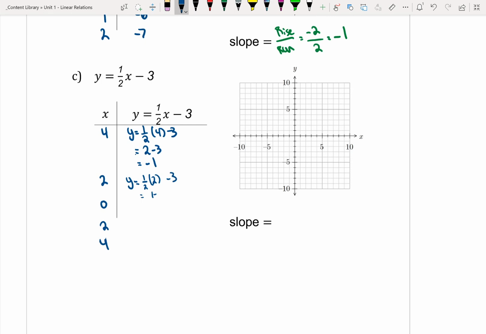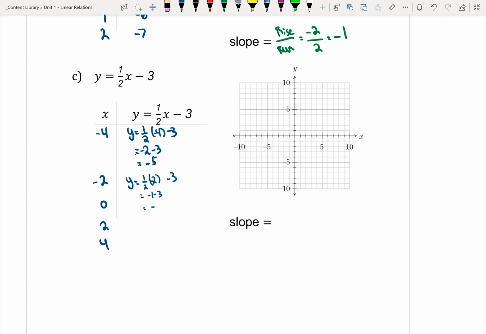So I get 1 minus 3, which is -2. Oh, sorry. My mistake. These should be negatives. So -4 minus 3 is -5. So it's alright, just changing some of these up a little bit.